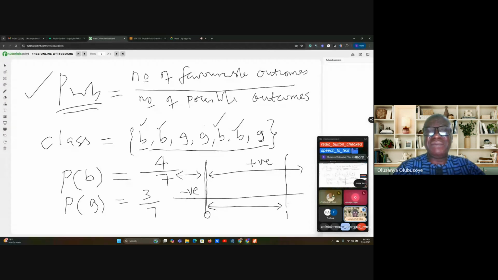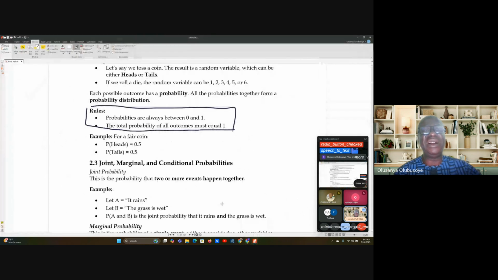Non-negative means it's never in this region. Positive means it's greater than 0, and of course it cannot be greater than 1. So it's between 0 and 1. That rule is very, very important.